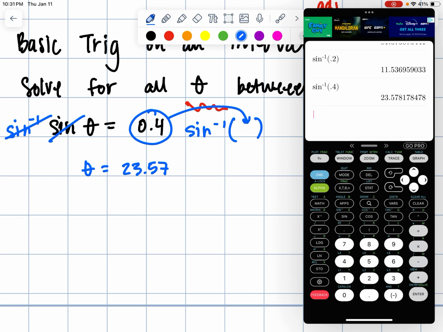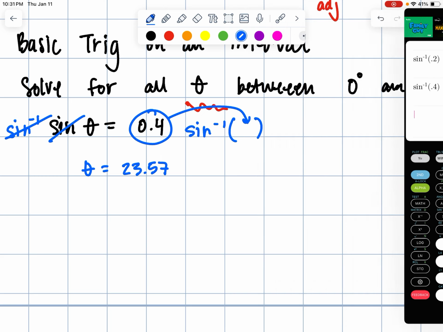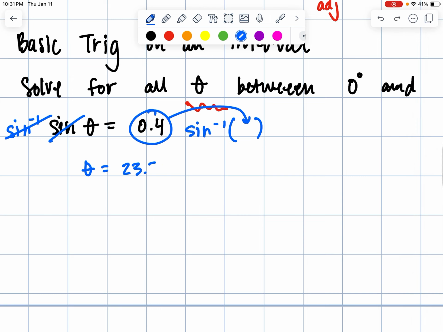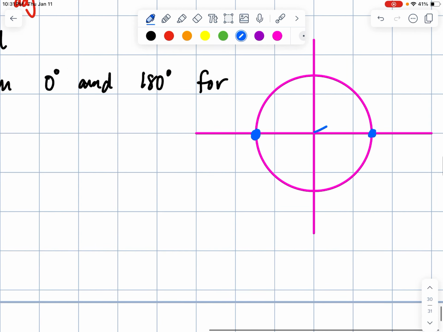So what this means is 23.57, or we could say 23.6 since we're rounding to the nearest tenth. 23.6 degrees. What this means is on this interval, we definitely have one angle here at 23.6 degrees. But what we also want to figure out is where is the equivalent point on this interval?